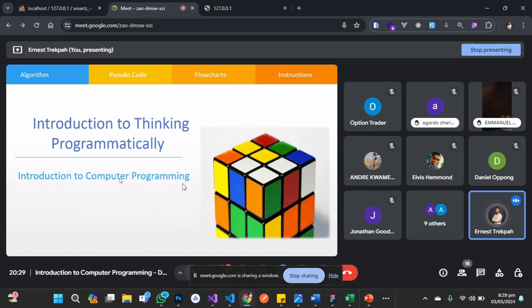Hence the topic, thinking programmatically. In this session, we are going to look at the concept of algorithm, pseudocode, flowcharts, and then instructions. Instructions, we touched on that yesterday. So the main components of today's session are algorithm, pseudocode, and flowcharts.